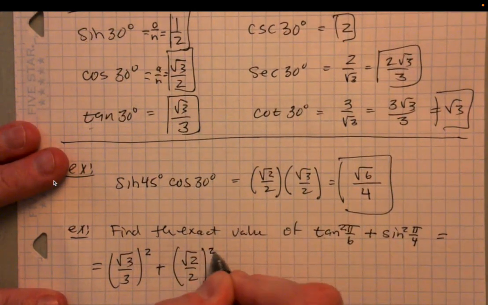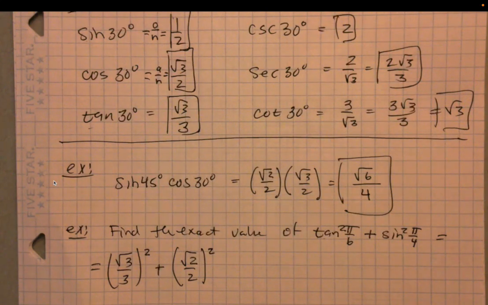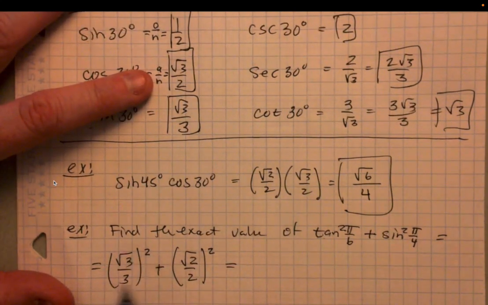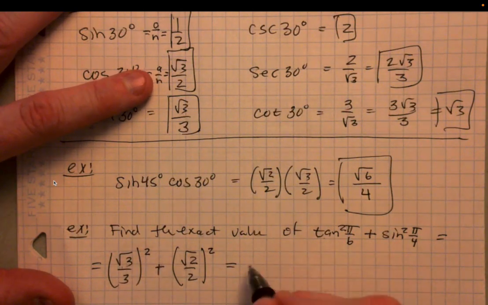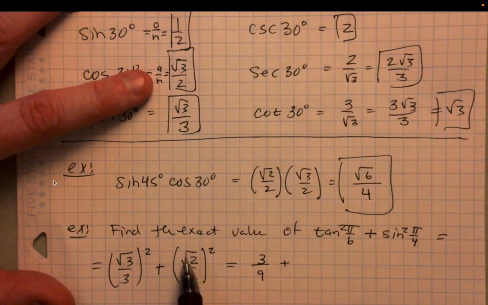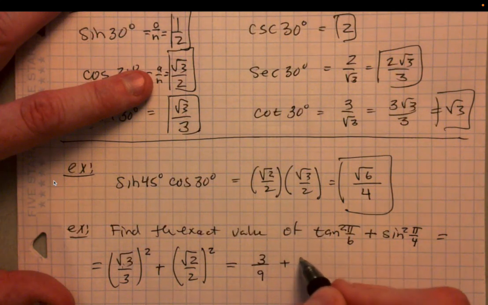Now you don't have to memorize these. You just look back a couple lines up and find the values that you're after. Okay, and so we've got these values now. And so we can square each of these ratios. And we've got 3 over 9. So square root of 3 squared is 3. And then 3 squared is 9. And then we can square this one, and square root of 2 squared is just 2.